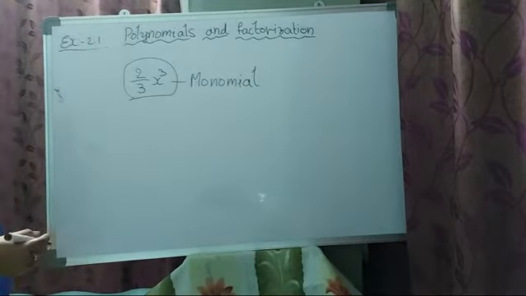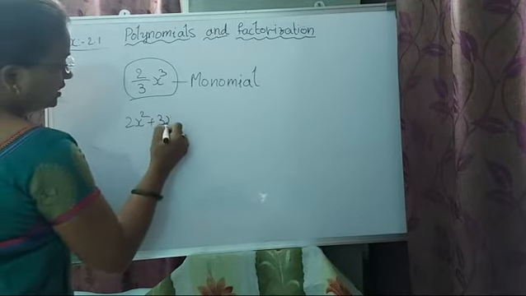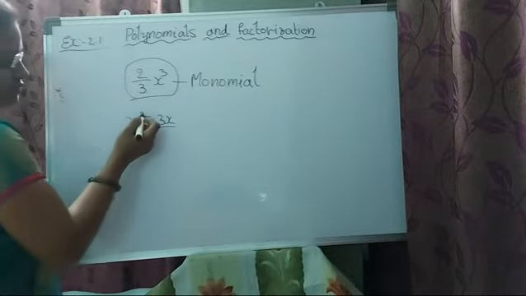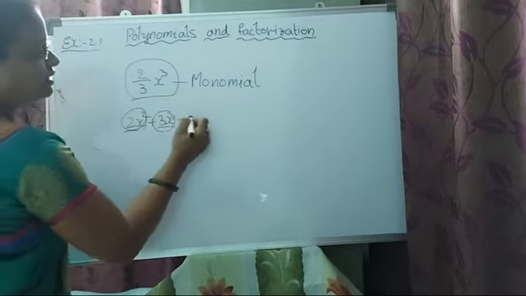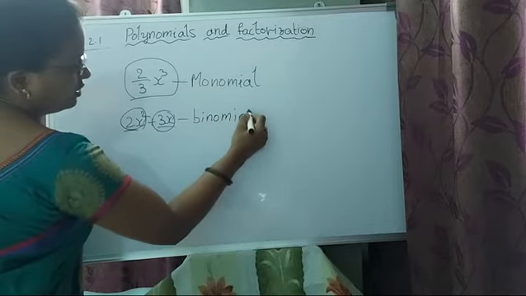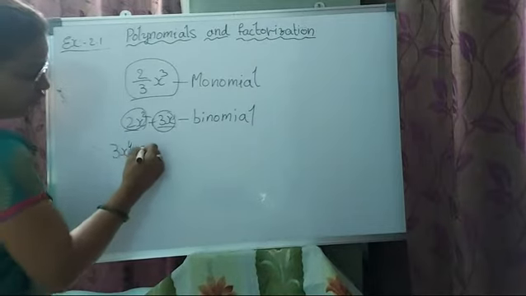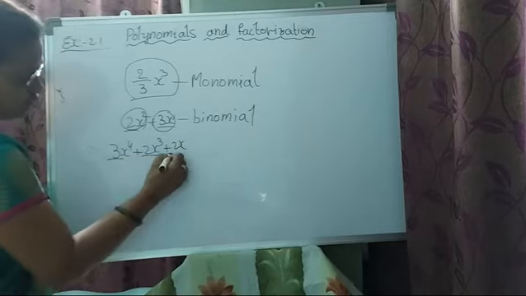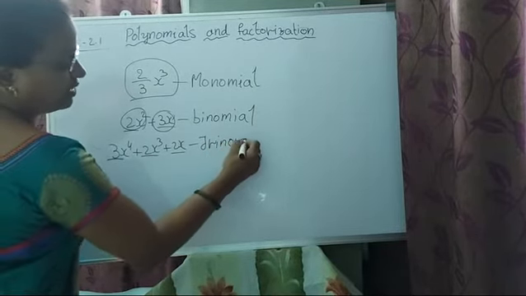If the polynomial contains two terms, that is 2x square plus 3x, it has only two terms, whatever the degree may be, but it contains two terms, we call it a binomial. If it contains three terms, 3x power 4, 2x cube plus 2x, three terms, 1, 2, 3, we call it a trinomial.